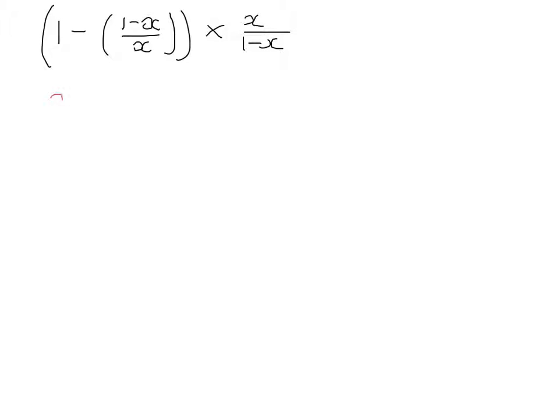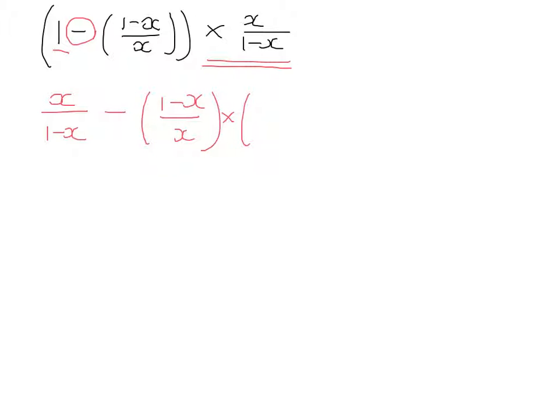We're going to end up with x over 1 take away x. So positive 1 multiplied by this, it's still positive. Then I've got a negative here multiplied by the positive part here. So it's going to still be a take away, and I've got 1 minus x over x multiplied by x over 1 minus x, and we can worry about what that actually is later on.